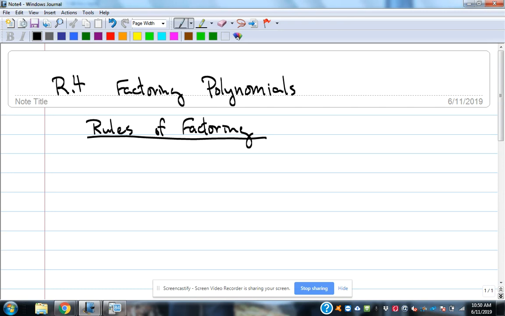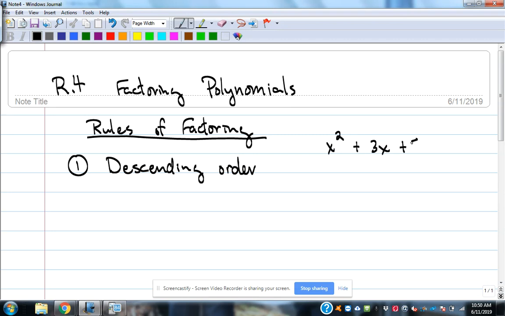Okay, so the number one rule of factoring is make sure that your polynomial is in descending order. And that means that if it's got x to the second power in it, it's x squared plus 3x plus 5. Maybe it's something like that. That's descending order. You look at the exponents on the variable. Okay, this is descending order.